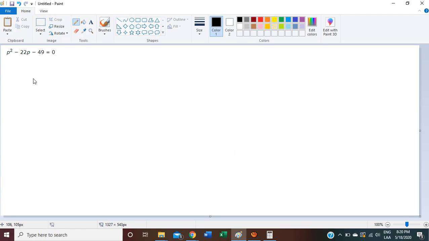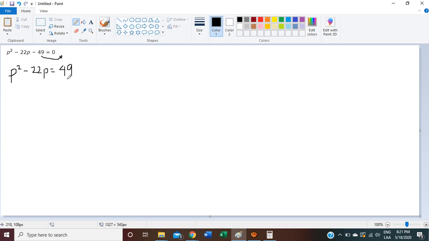So for this equation, this constant, I am going to send it to the other side of the equation. So the equation is going to be like this: p squared minus 22p equals, it was subtracting, now it is going to be adding, or is going to be with a positive symbol, but it is not necessary to write it.